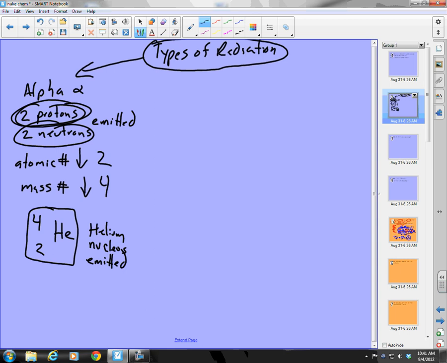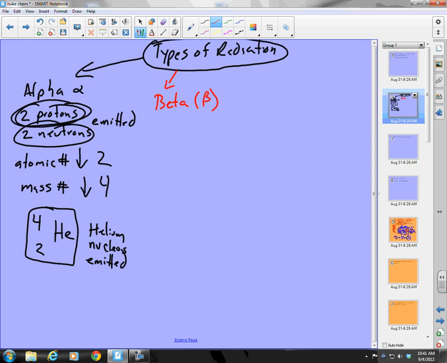Let's take a look at a second type of radiation, and I'm going to change colors now. How about red? Red, and we're going to go with something called beta. Beta radiation, sometimes it uses that symbol. Now, what happens in beta radiation? Well, it's not anything really like alpha radiation.